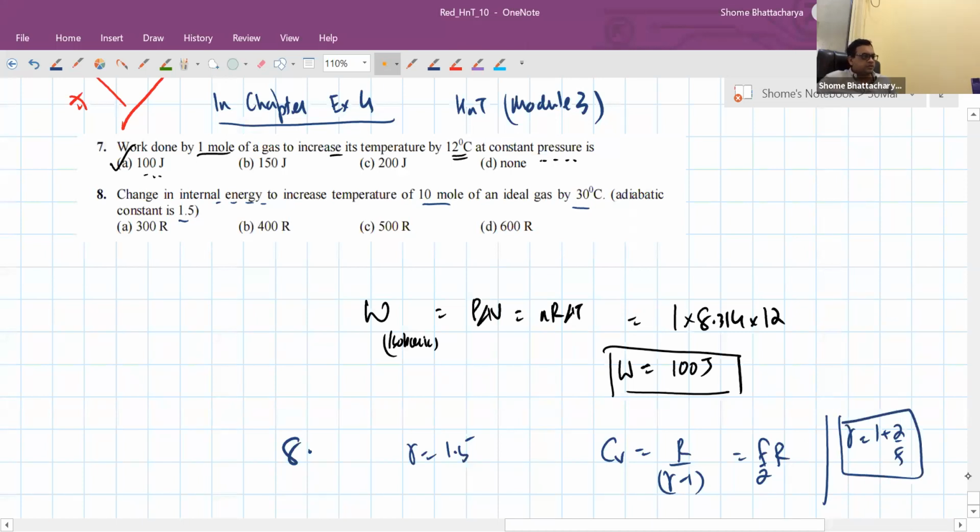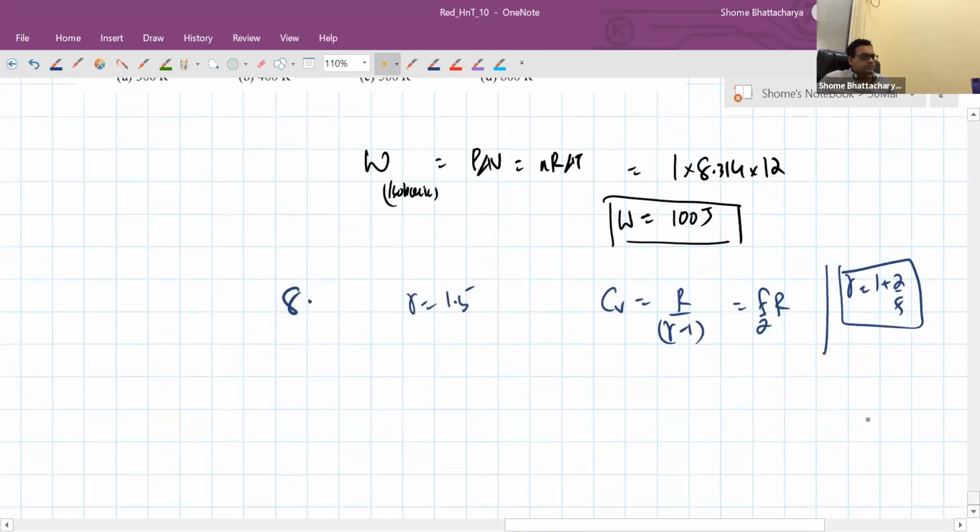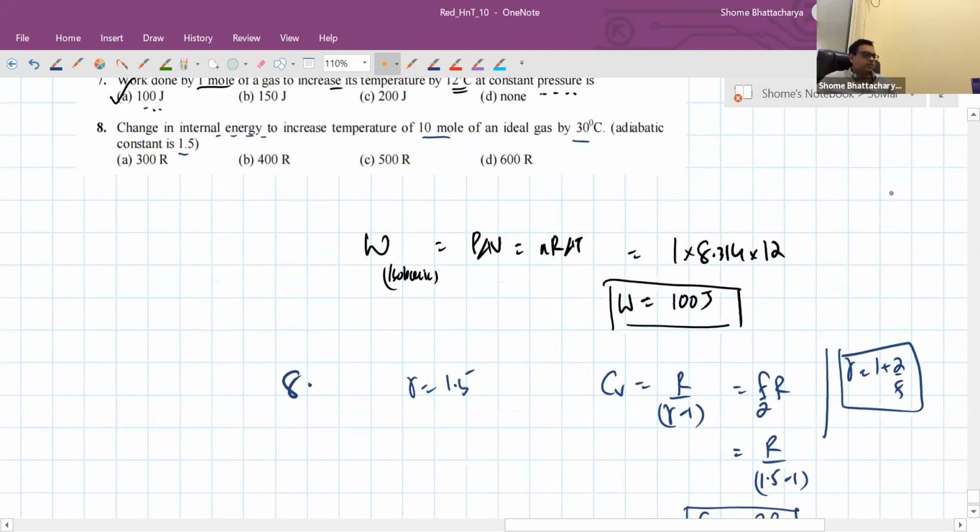Right, this equation is clear, no? So this will become R upon 1.5 minus 1, or 2R. So this is a type of gas where Cv's value is 2R, or degrees of freedom would be 4.